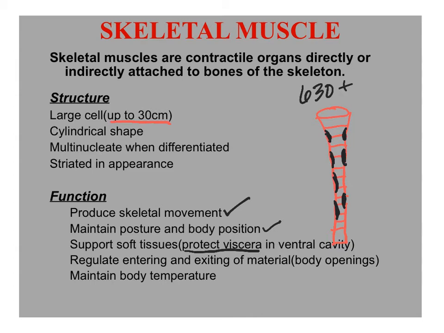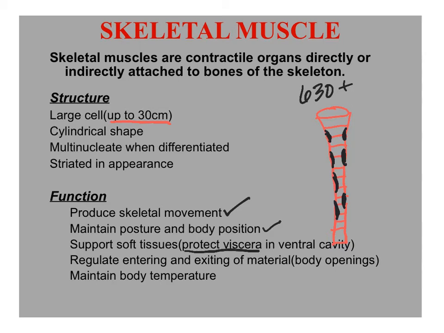Think about the abdominal pelvic cavity. There are no bones protecting the anterior side of the abdominal pelvic cavity. There are your ribs that protect the organs in the thoracic cavity, but in the abdominal pelvic cavity, you've got 4 layers of abdominal muscles that are going to protect those internal organs.